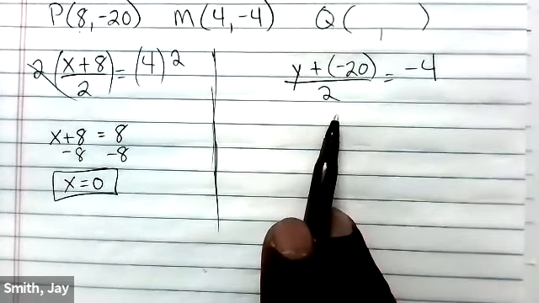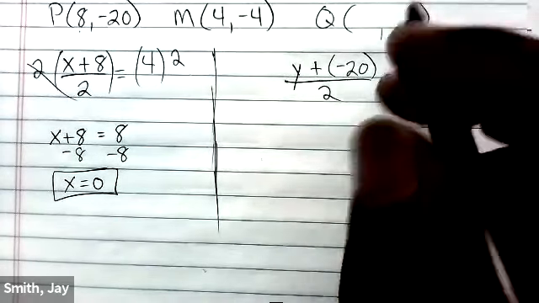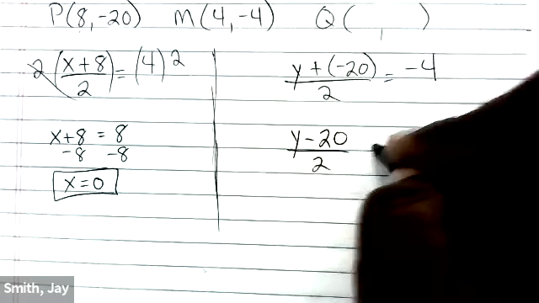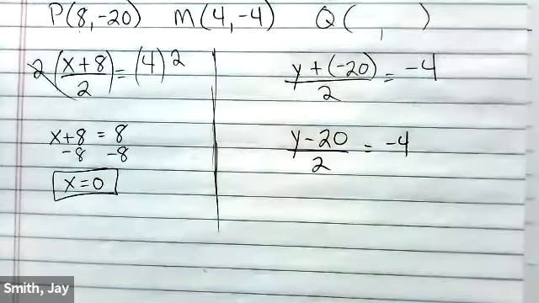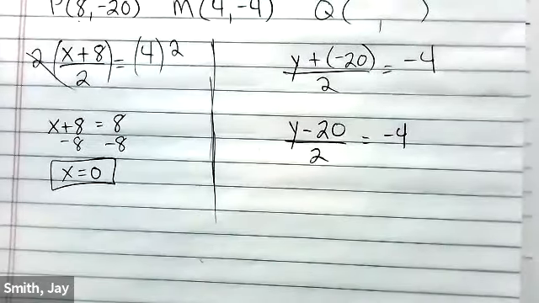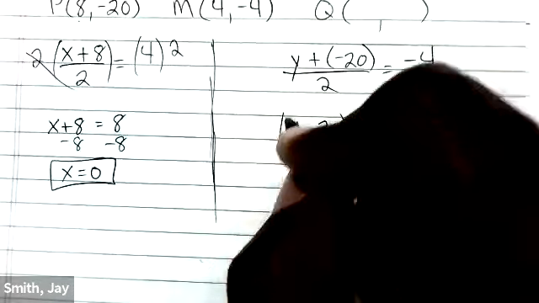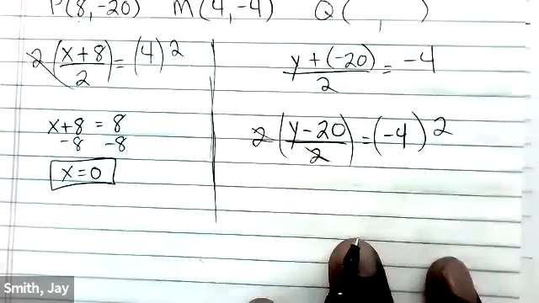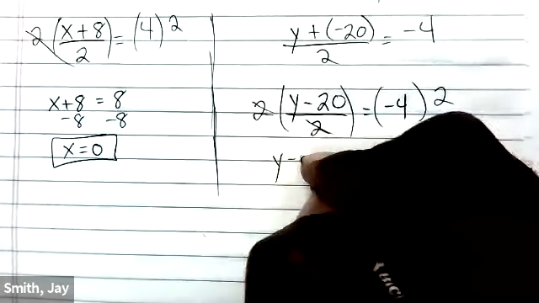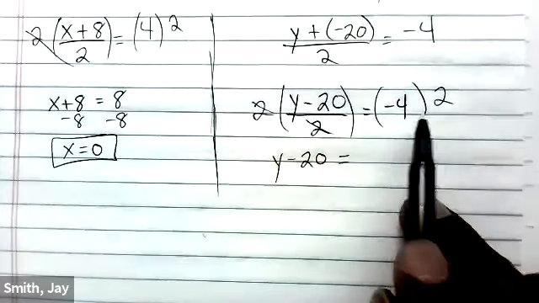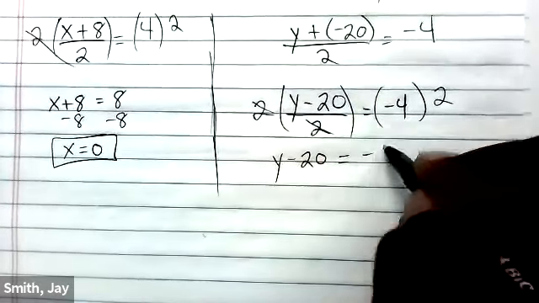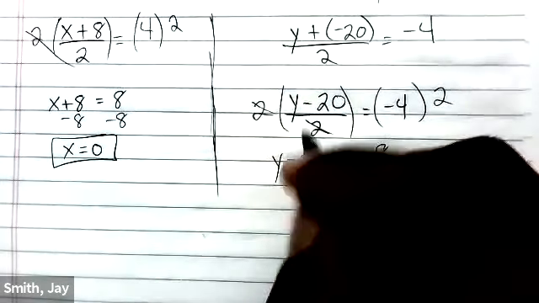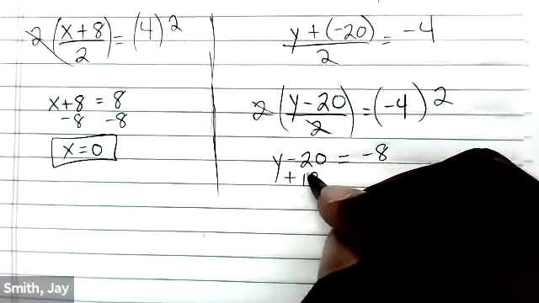And I'm just going to solve this part for the Y coordinate. Now, Y plus a -20, or another way of saying this is Y minus 20, over 2 is equal to -4. Just like before, first thing I want to do is get rid of my fraction, multiply both sides by the denominator 2. Y minus 20 on the left-hand side is equal to -4 times 2, or -8. And then get the Y by itself.